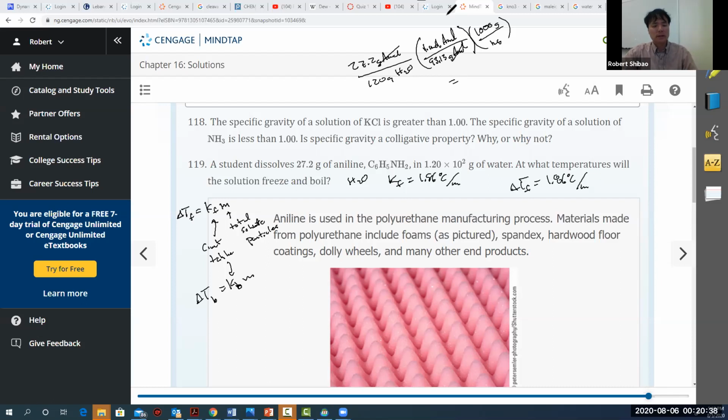So the molality is 27.2 divided by 120 divided by 93.13 times 1,000, which gives us 2.433 mole aniline per kilogram. Then we just multiply 2.433 by 1.86. That's 4.527 degrees C.